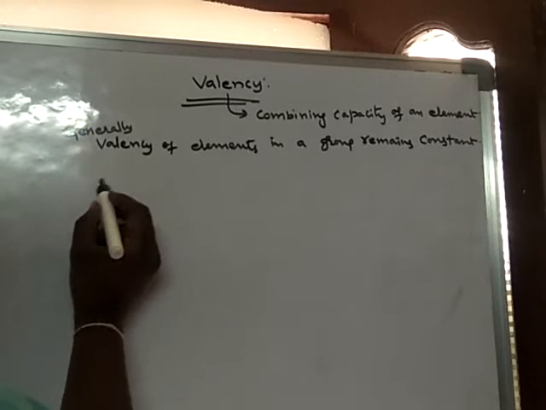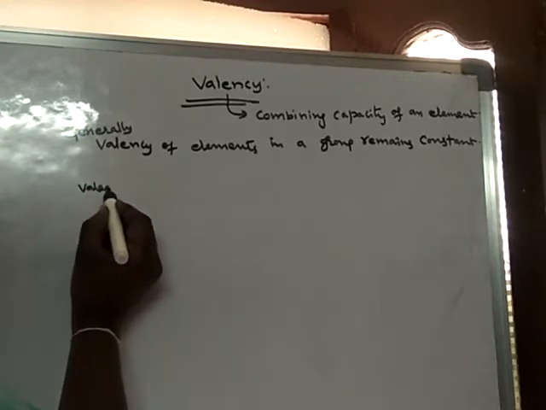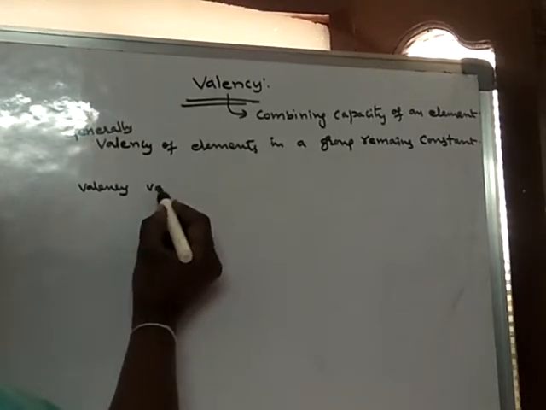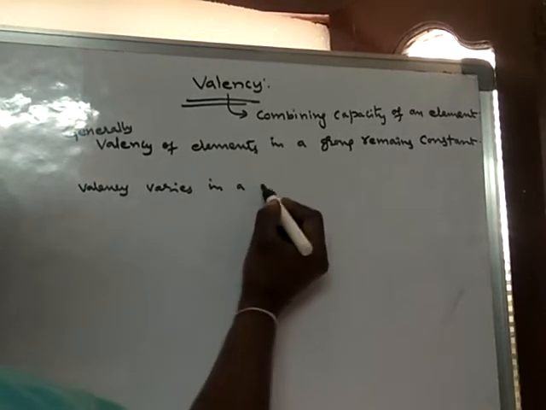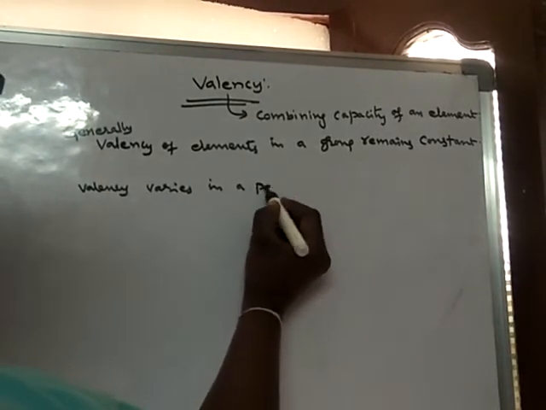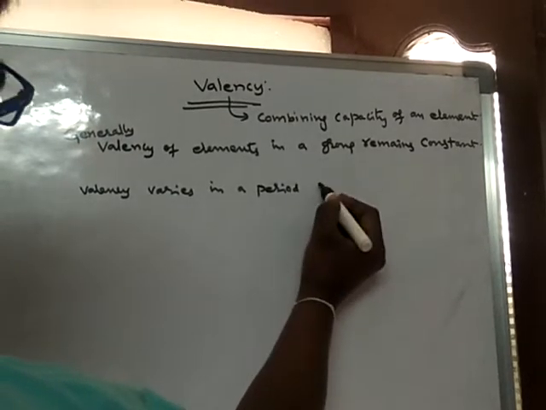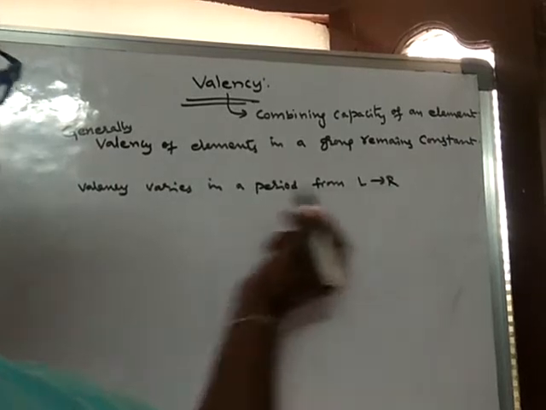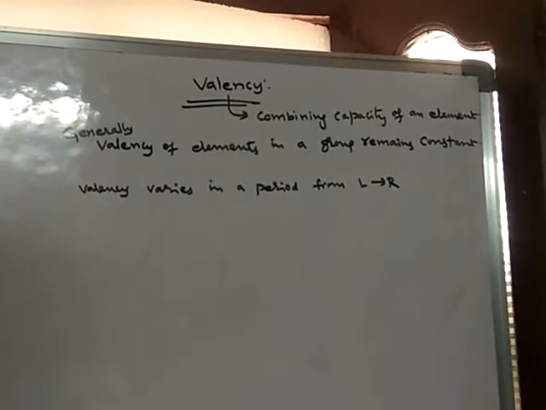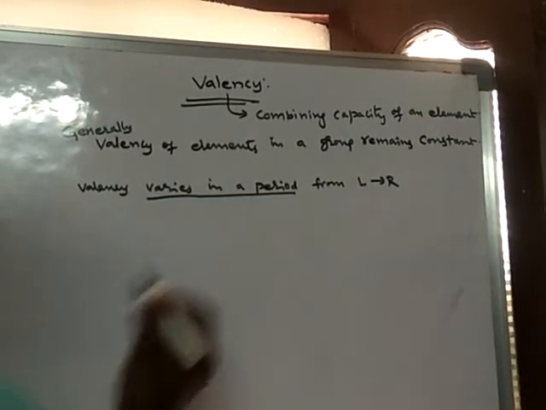In a period, valency varies from left to right.